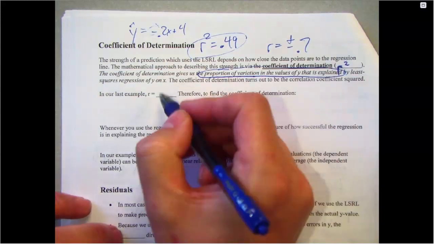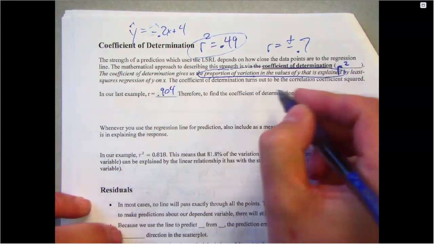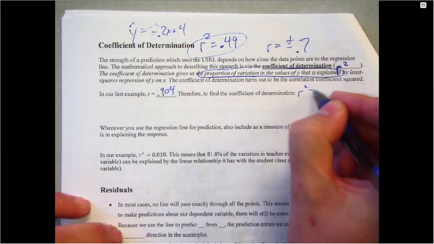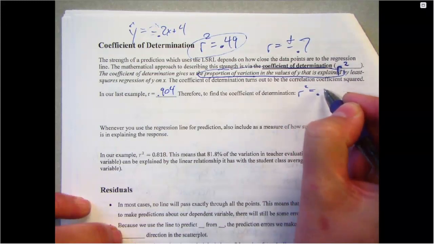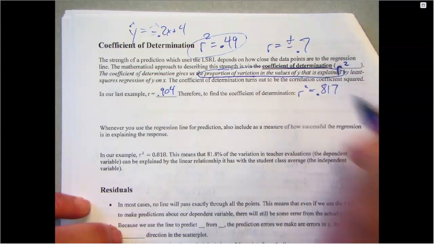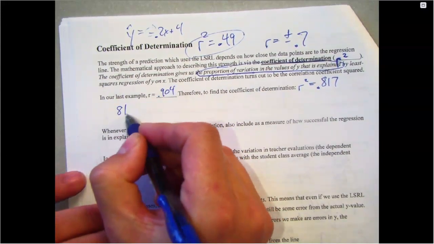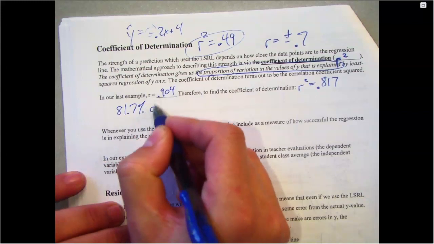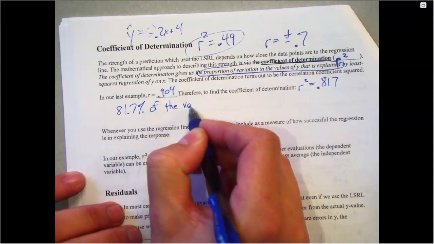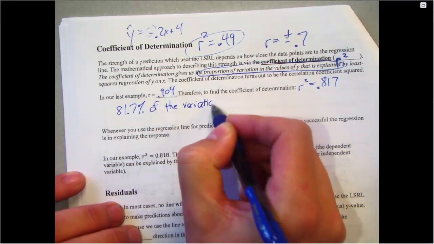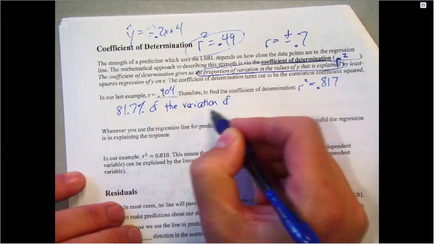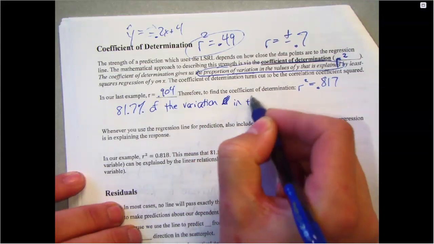So in our last example, R was 0.904. R squared was 0.817. And so what that means is 81.7% of the variation in the data.